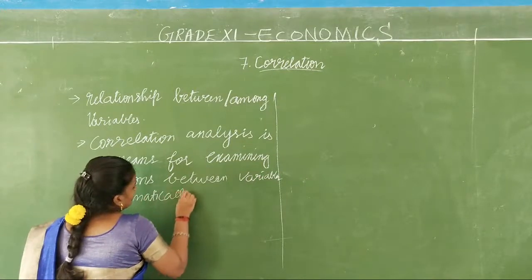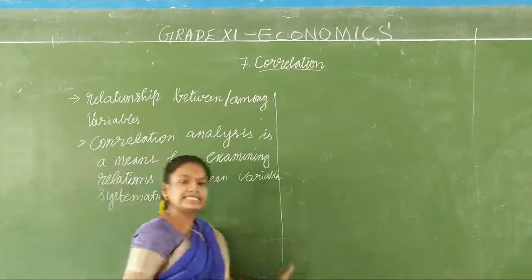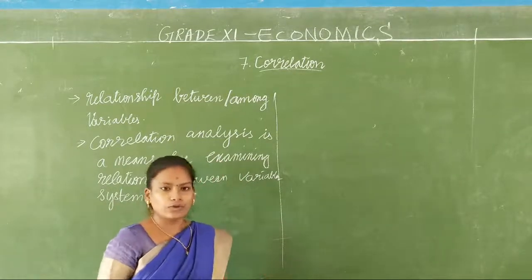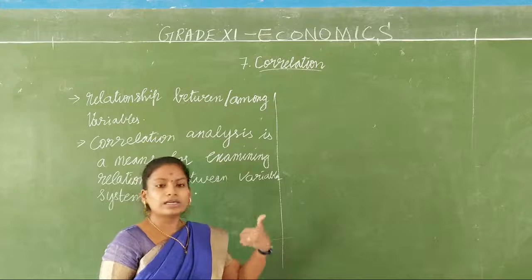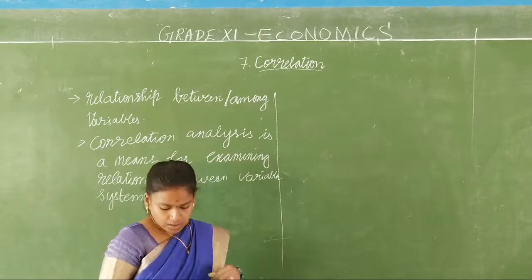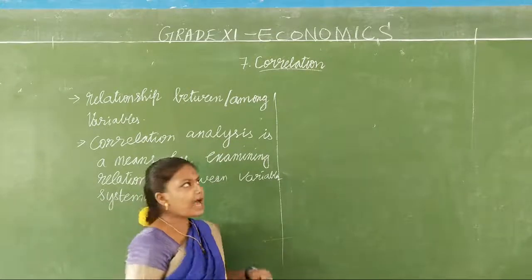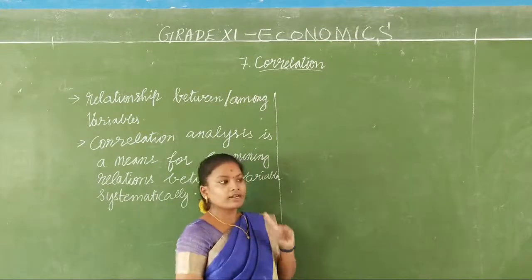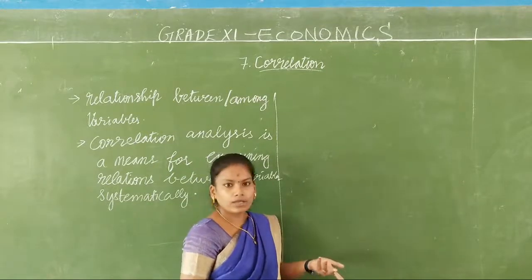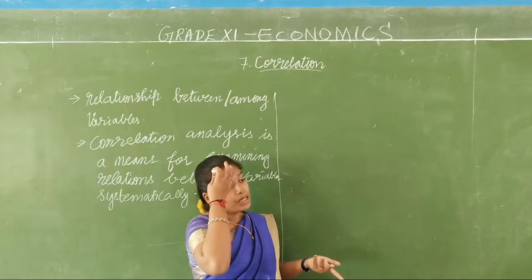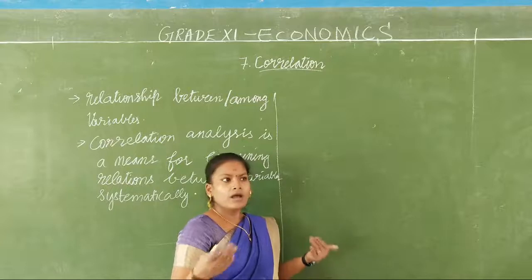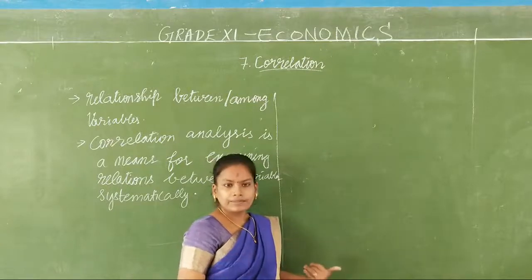Let's have some examples of variables that will tell you about the relation of each thing. You need two variables here. You cannot have only one variable. For example, the increase of sales in a product because of the increase in income.